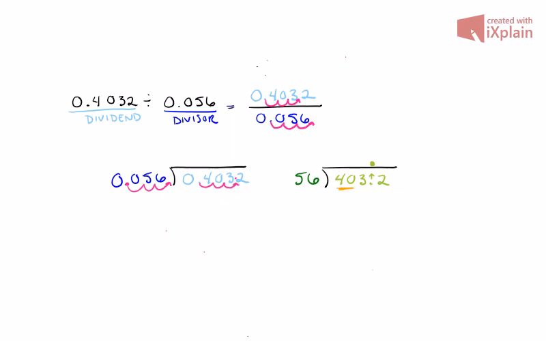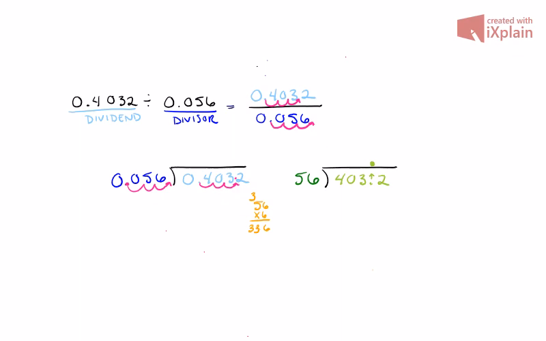Can 56 go into 40? No, that's not going to work either. So I have to check to see if 56 can go into 403. Here's where I might have to play around and be like, well, maybe it goes in 6 times. And there's no shame in doing some multiplication on the side. So 6 times 6 is 36, carry my 3. 6 times 5 is 30 plus the 3, that's 336.